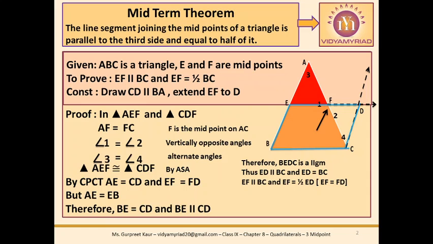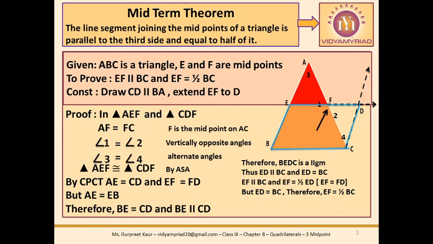Now ED is made up of EF and FD. F is the midpoint, they both are equal, so we can also say that EF is parallel to BC because ED is parallel to BC. And EF is equal to half of ED, because ED is made up of EF and FD, which are equal. We also know that ED is equal to BC because it is a parallelogram.